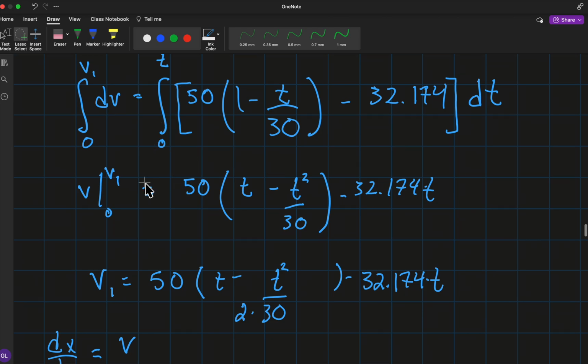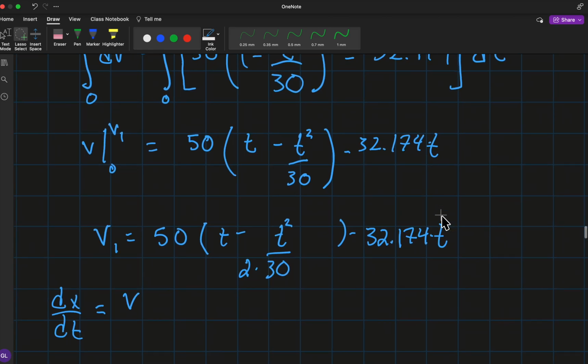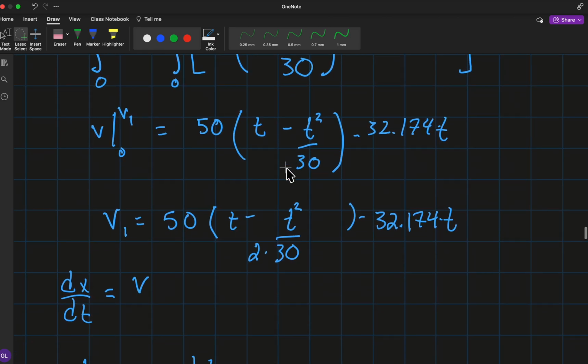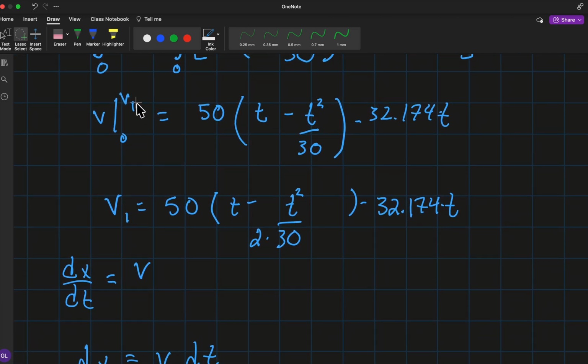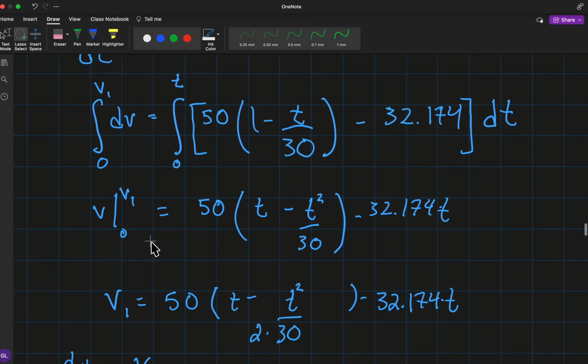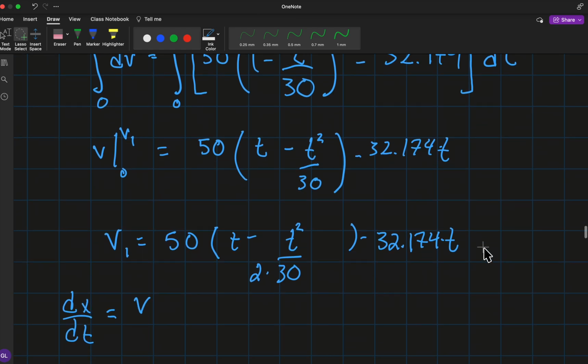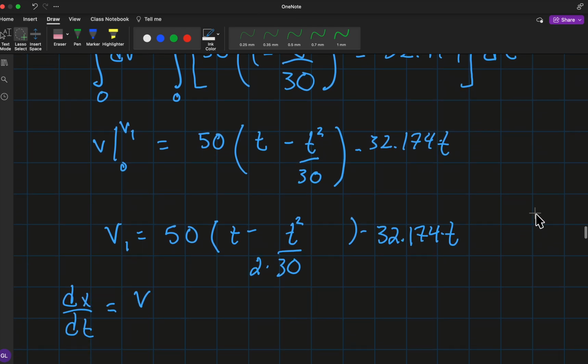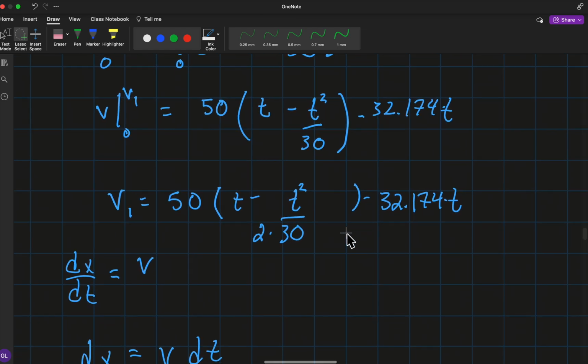Anyways, you take the integral of that, and that becomes this expression in your calculator, or you could do it by hand, whatever. You apply your bounds, which really involves replacing the v with a v1 and a 0 and subtracting them. So v1 minus 0 is v1. Then you do the same thing over here with t and 0, but 0 across all this is 0, so t across all this minus 0 is t across all this.